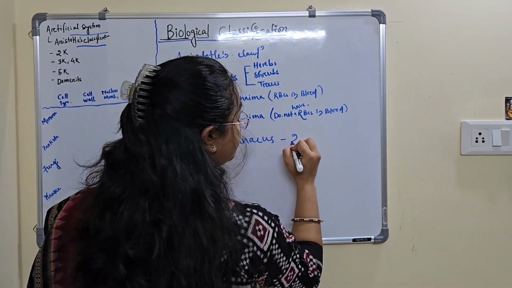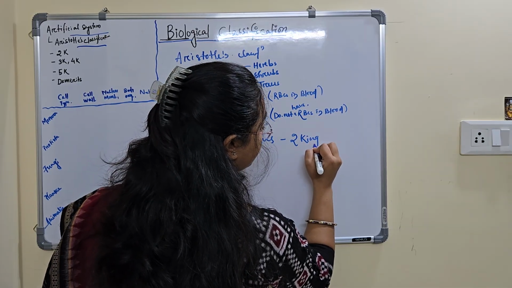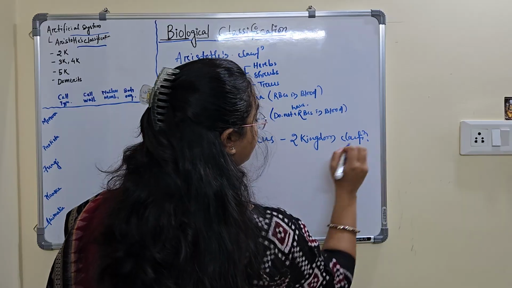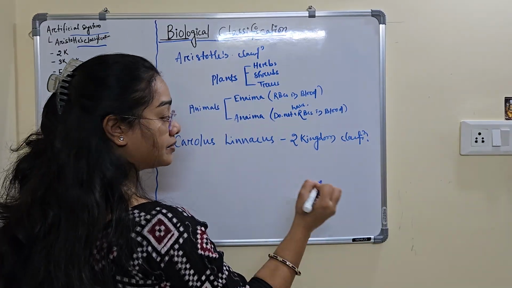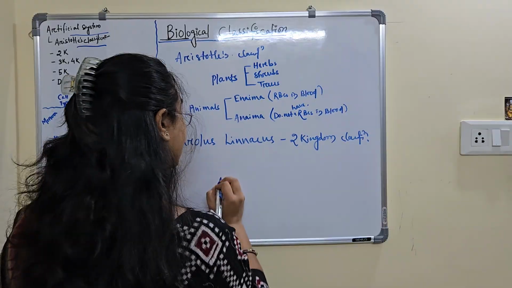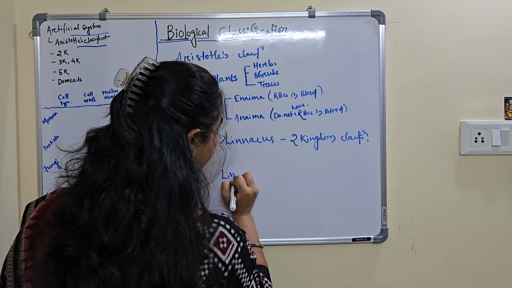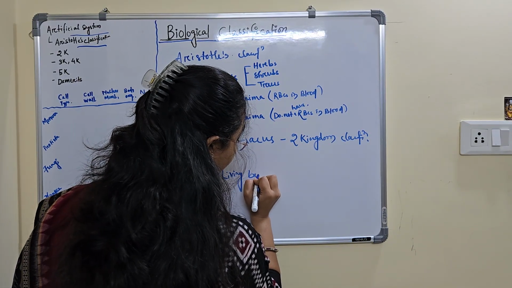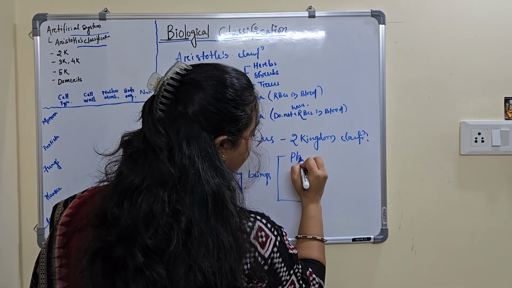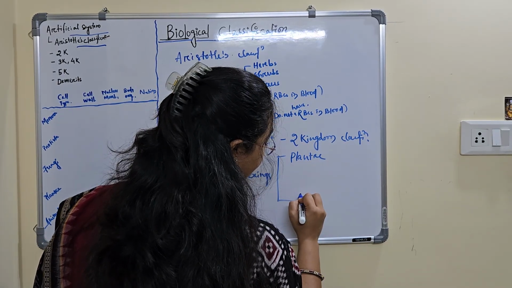He gave the two kingdom classification, right?